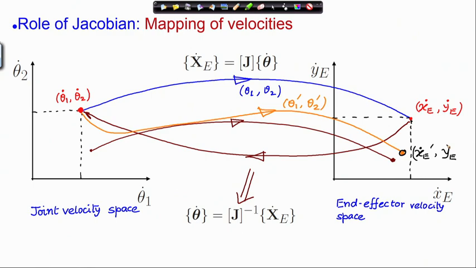So, x e prime, x e dot prime and y e dot prime, though my starting point was the same. So, this forward velocity relation and of course, the inverse velocity relation as well, they are dependent on the configuration.